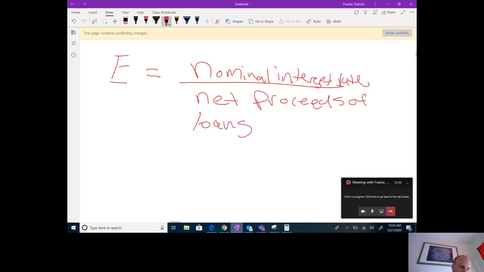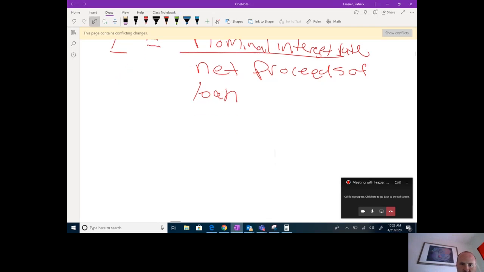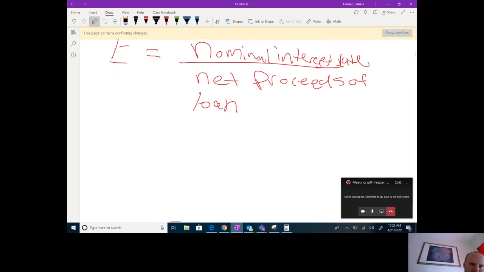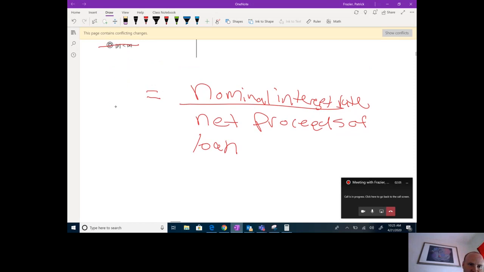So that means how much money they're getting back at the end of the day. Net proceeds of loan. And again, E here, I'll just write it out, is effective interest rate.